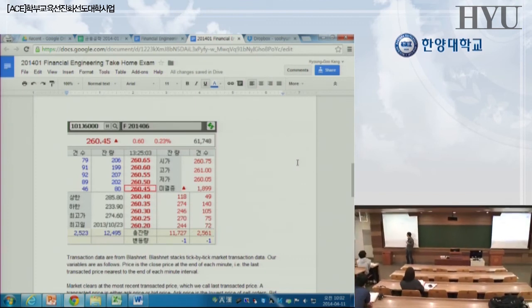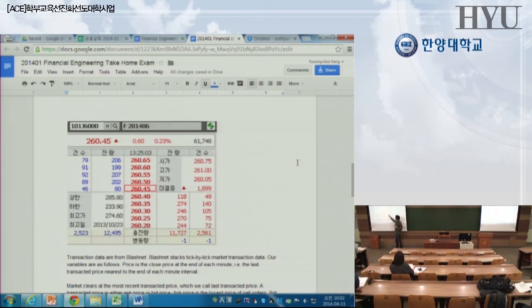At 260.35, we have a limit order of 274, which will be executed if the price falls below this one, but it is above, so they are not executed. Below this there is a series of remaining limit orders, and if we add them all, we have 11,727. So this is the total sell limit order book, and this is the total buy limit order book.